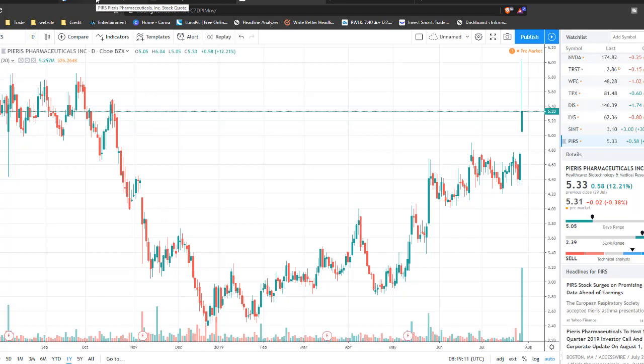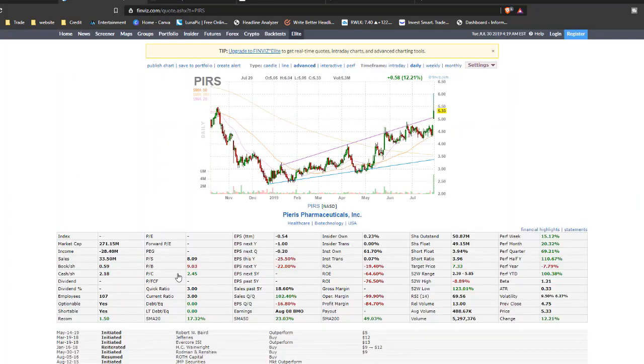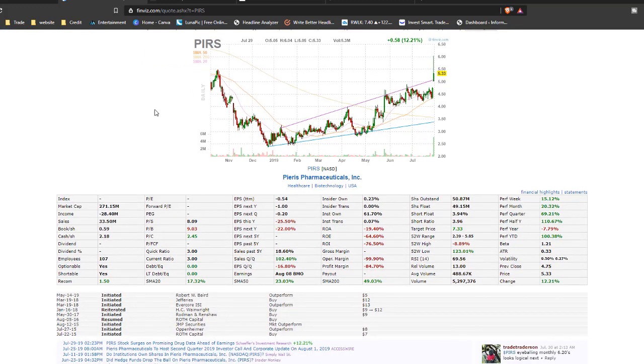So we identified that. Now the other thing that I'm going to cover is the terms: what are the key terms and key fundamental things that we need to know about the stock. We picked PIRS, so the main thing we need to understand is the shares. The shares outstanding of the stock is 50.87 million, and the share float is 49.15 million.